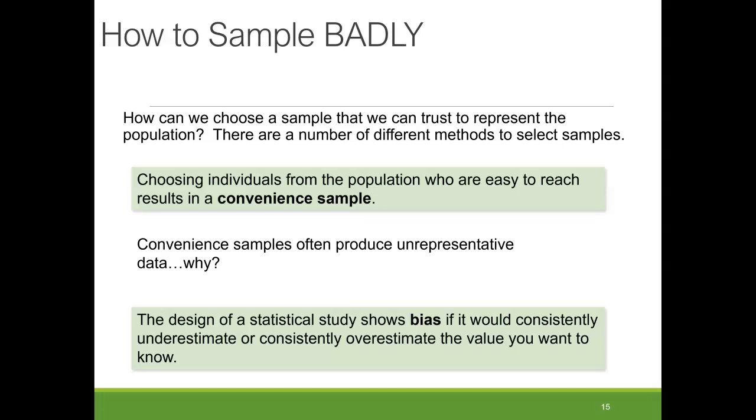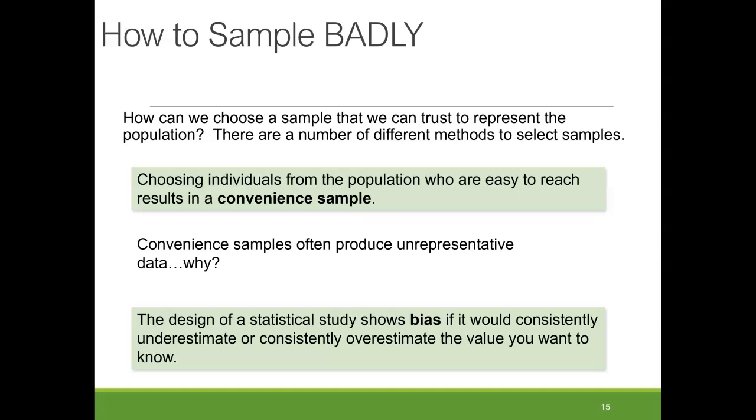And the reason why the convenience sample is not a great way of doing this is you often get unrepresentative data, i.e. you've introduced some kind of bias. The people most likely to respond to a political survey are probably the people who feel most strongly about a particular candidate in the upcoming election. It's like putting your thumb on the scale, so to speak, of who's willing to respond.